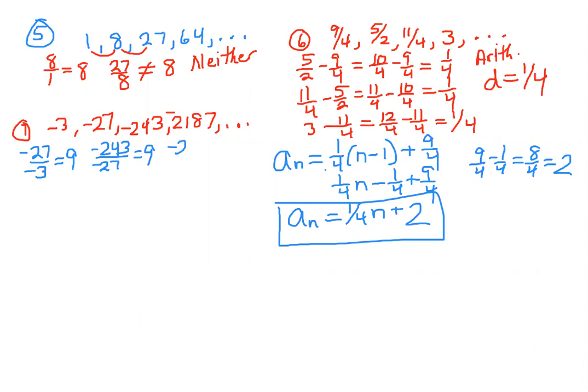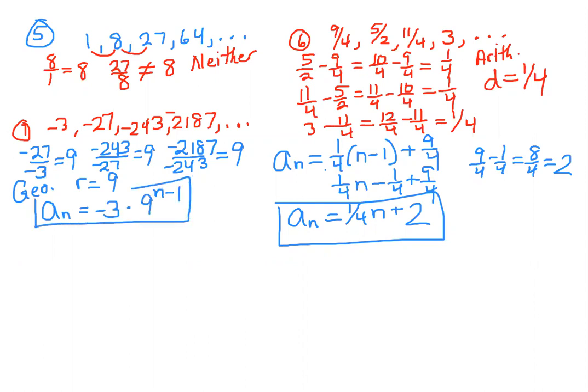And -2187 over -243 is 9. So this is geometric, and our R is 9. So our rule is A1 times R to the n minus 1. Okay, that's why I said that geometric is easier sometimes.